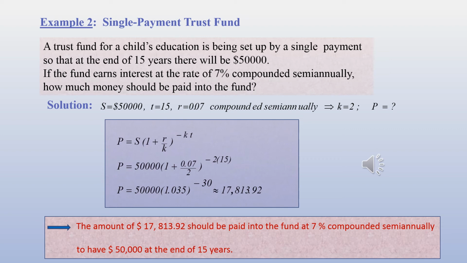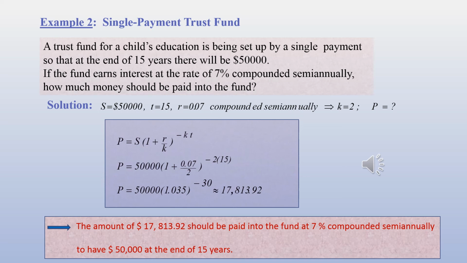Now we are going to use the formula of present value. P is equal to S multiplied with (1 plus R over K) to the power of minus KT. We substitute all the values of the variables S, T, R, and K into the formula.